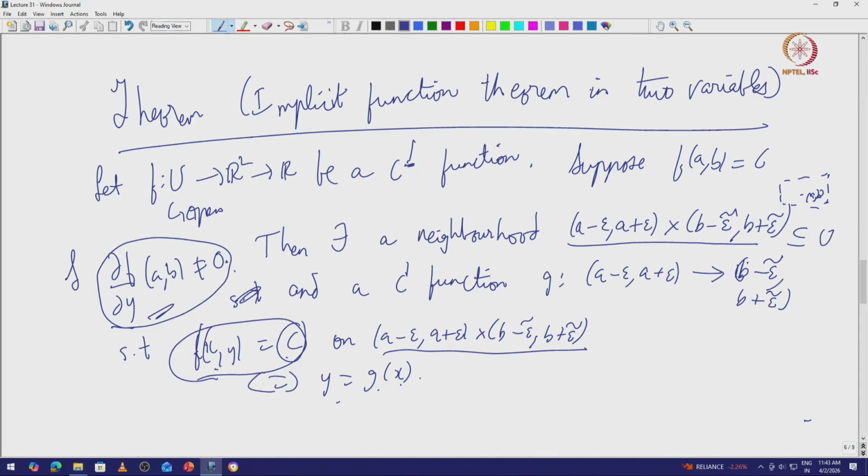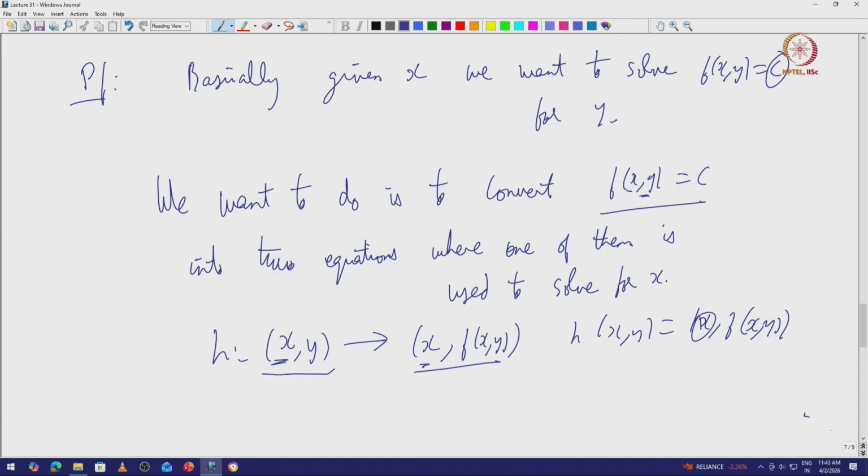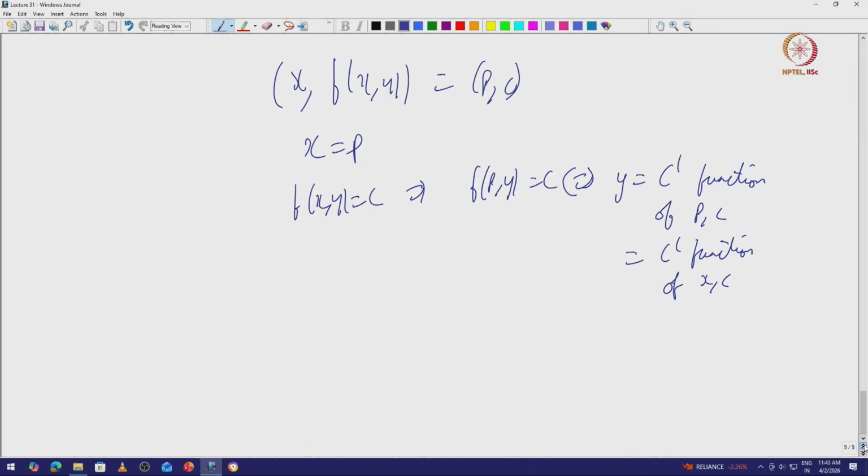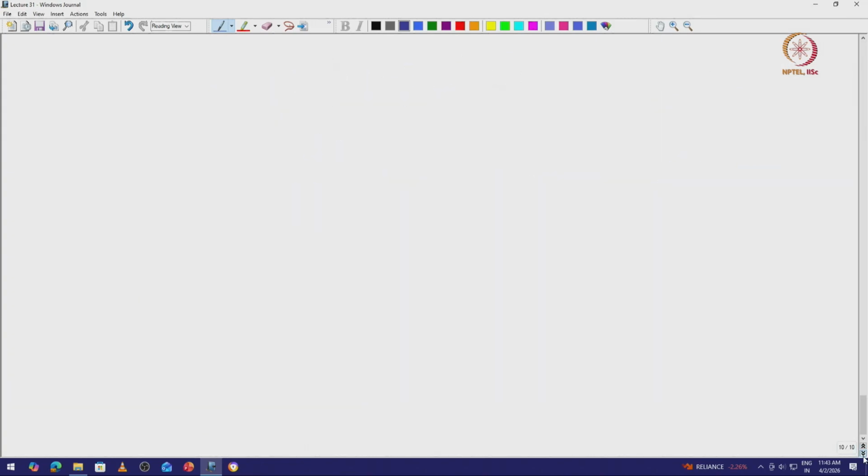So the proof is showing something even better than what we want. Okay? So that's the implicit function theorem in two variables. The proof is to apply the inverse function theorem in a clever manner to implicitly solve for one of the variables in terms of the others.